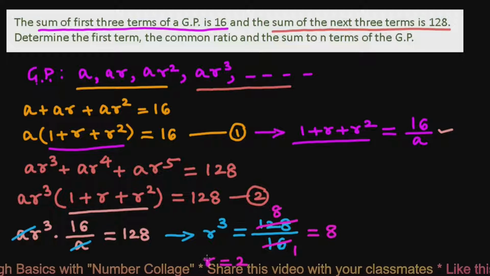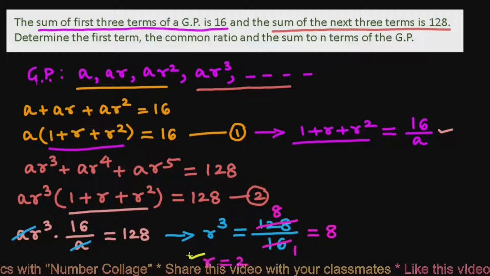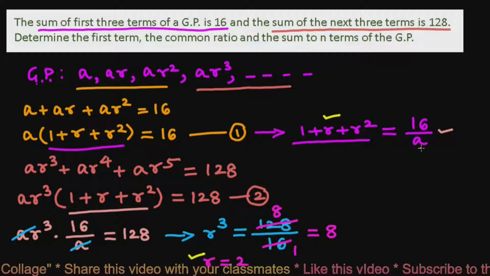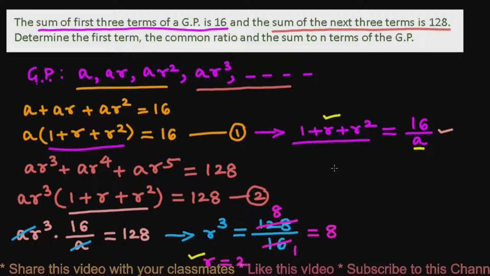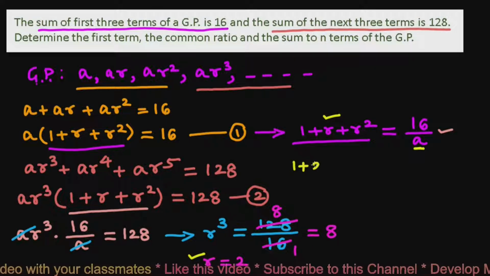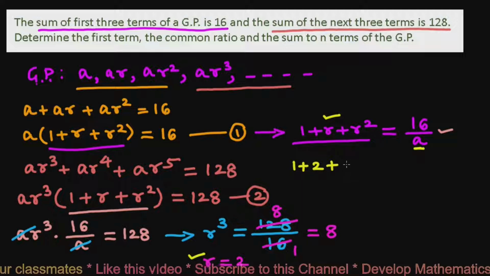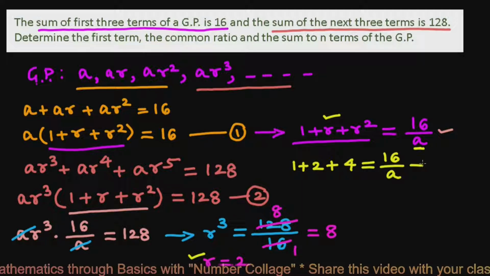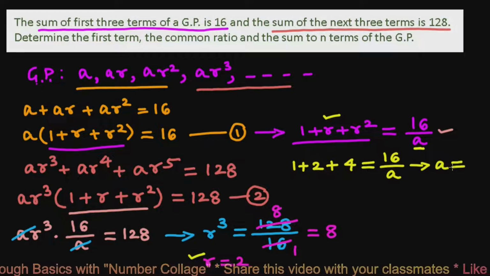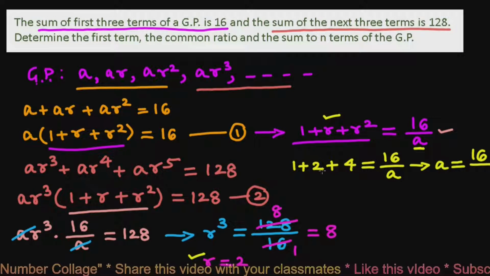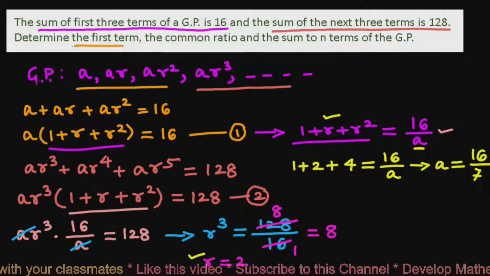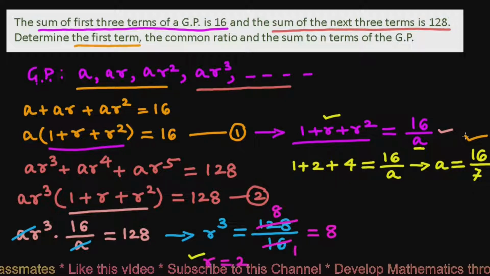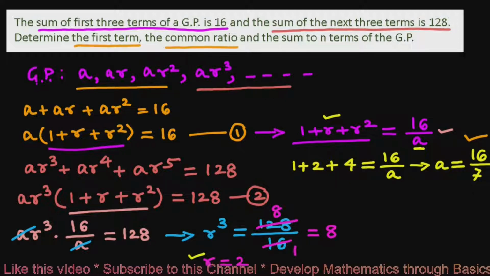Now we will use this value of r here and find the value of a. So we write 1 plus 2 plus 2 square, that will be 4, equals 16 upon a. So that gives a equals 16 upon this 7. So we have the first term 16 upon 7 and the common ratio 2.